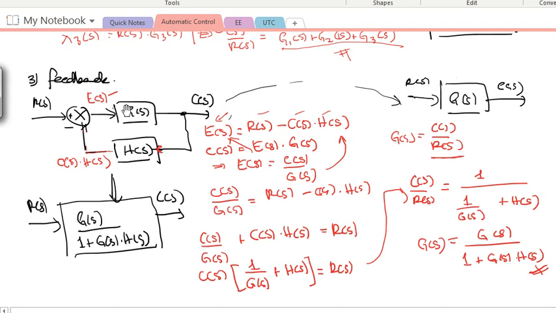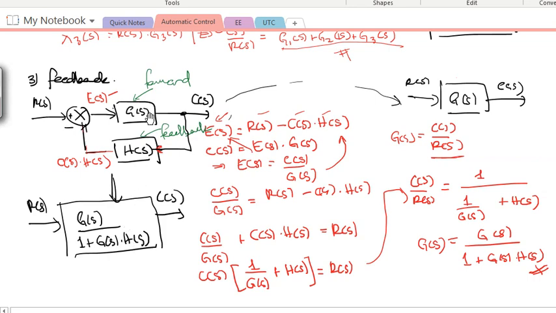You have GS, which is this transfer function on the top, what we call a forward transfer function. GS over 1 plus GS multiplied by HS. HS is what we call a feedback transfer function. So it's forward transfer function over 1 plus forward multiplied by feedback transfer function.